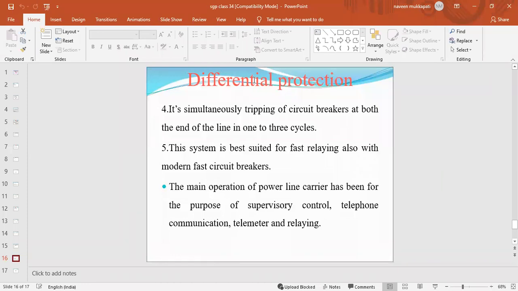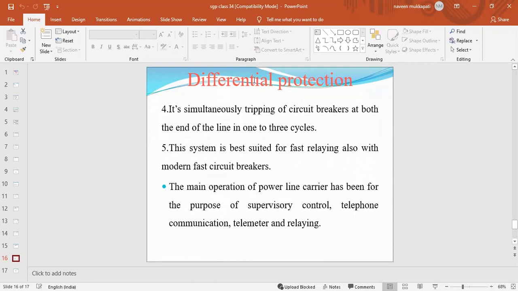Okay, what is the main operation in the case of carrier current differential protection? In this case, we mainly compare the directions and also the phase angle differences.